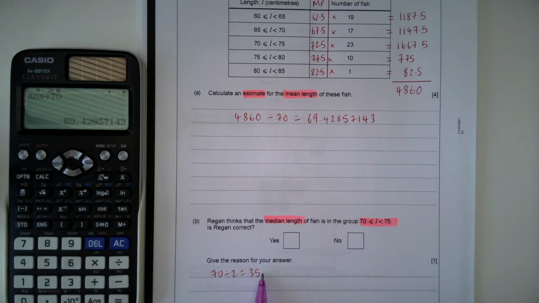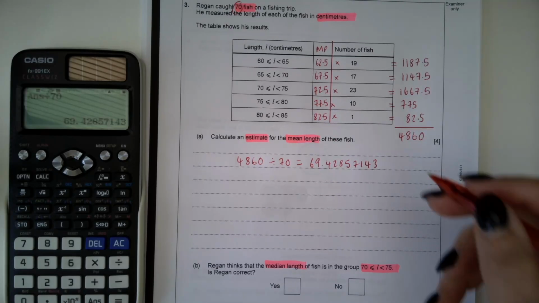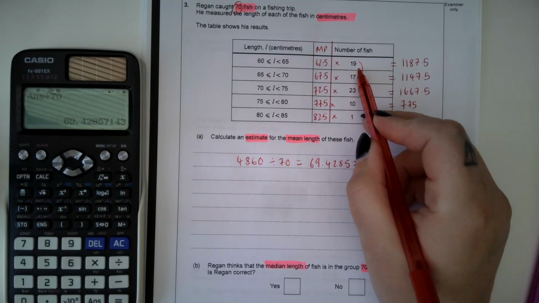So the median class from a grouped frequency table, the median length of fish is going to be the 35th fish, okay? So I'm going to change the colour of my pen just to make it a bit clearer, if I can find one. We're going to do a little bit of cumulative addition. So we're starting with 19 here.